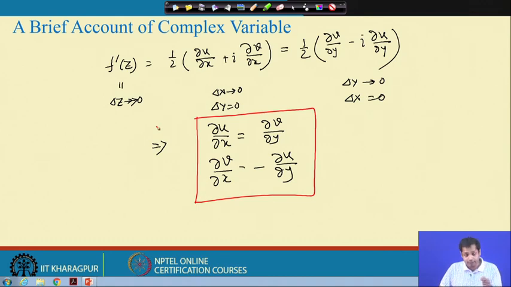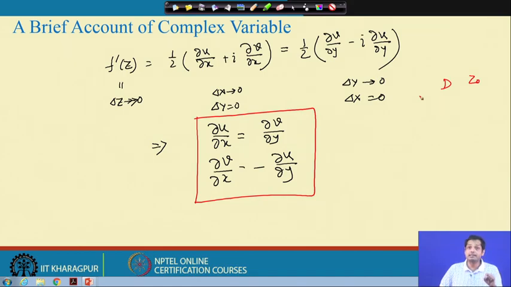Now, if D is the domain, and if Z0 is a point in D, then we have seen the condition for the existence of the derivative at Z0.